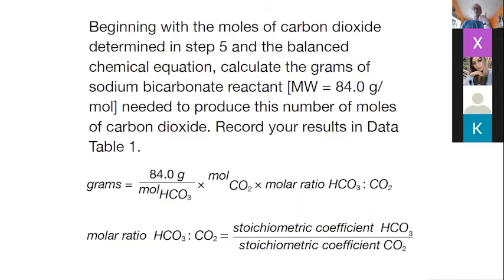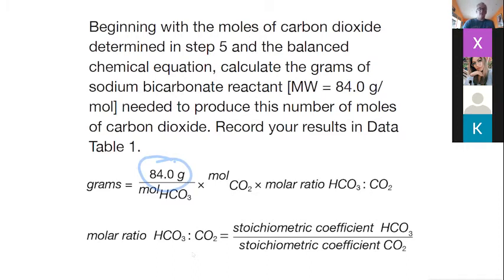Since it's a 1-to-1 ratio, 1 mole of bicarbonate will make 1 mole of CO2. We need to figure out how many grams of bicarbonate we're going to use. Now, bicarbonate is 84 grams per mole.